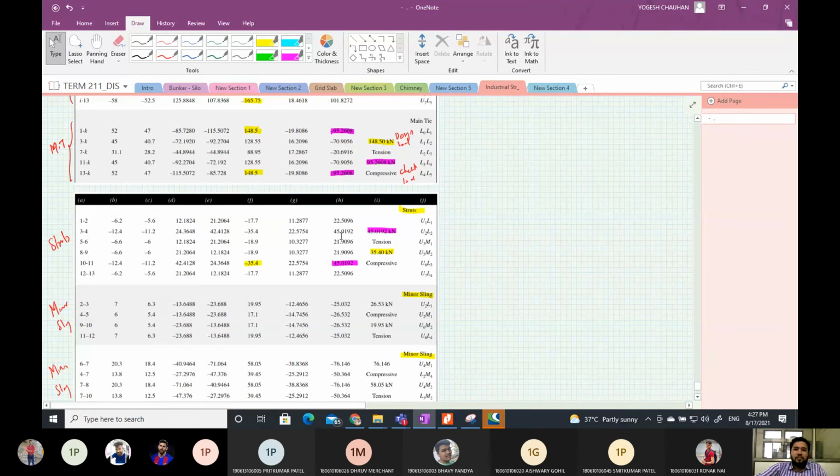Sometimes you have designed for, let us say, 45 kilonewton, and when checking for 35 kilonewton compression, you might have to revise the section you selected in the design of the tension member. So you have to choose a section which satisfies both cases, tension as well as compression.